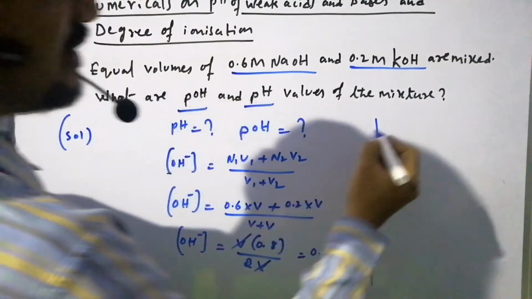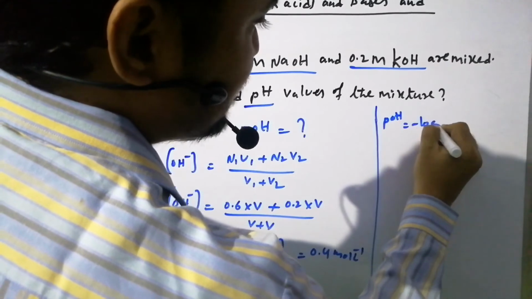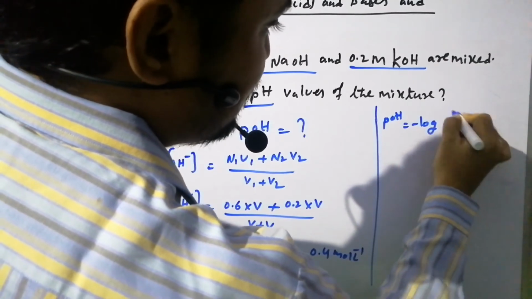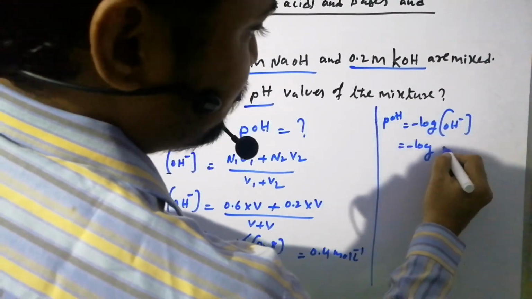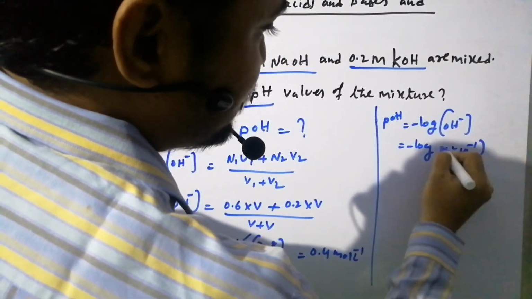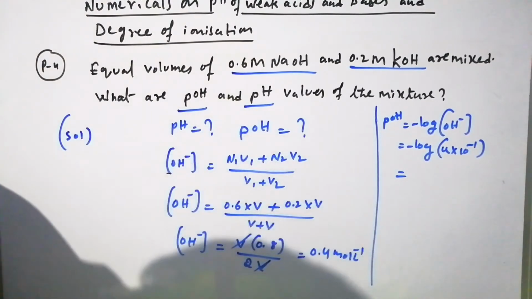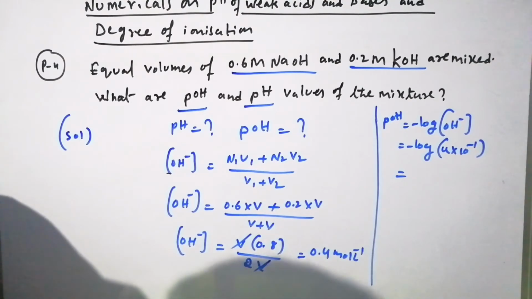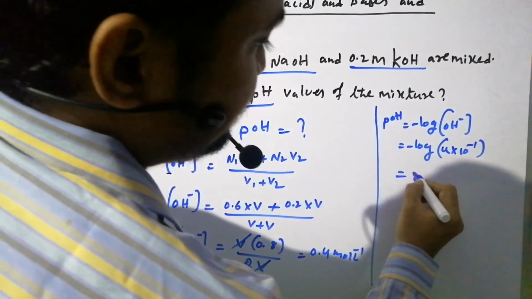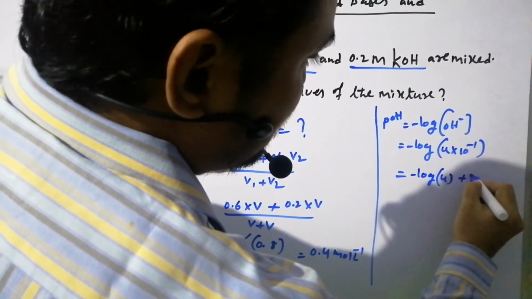By using OH minus, already we know pOH is equal to minus log of OH minus concentration. That implies minus log of OH minus concentration, which is 4 into 10 power minus 1. Already we know log A into B is log A plus log B. That's why here minus log 4 plus log 10.